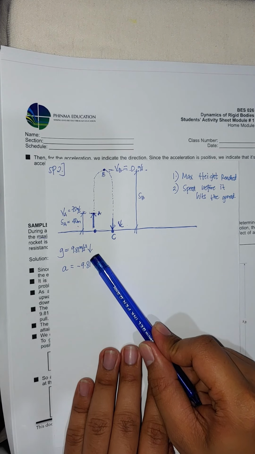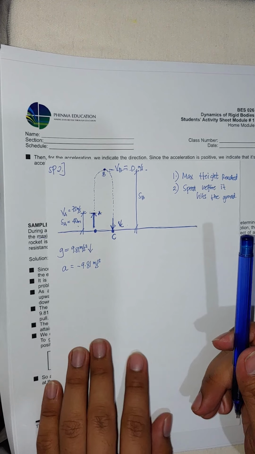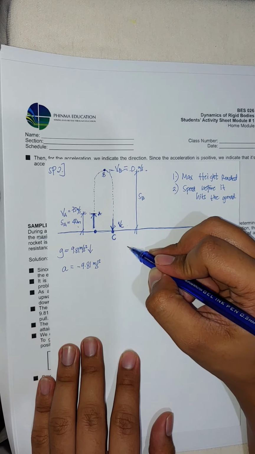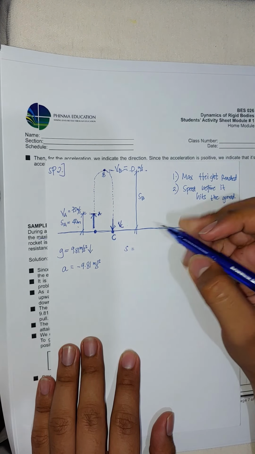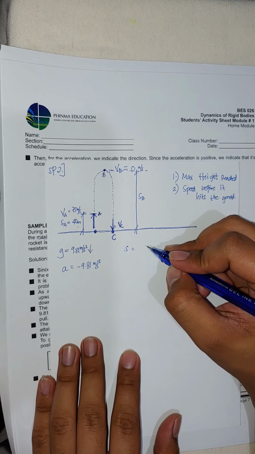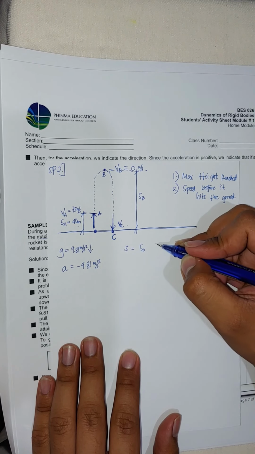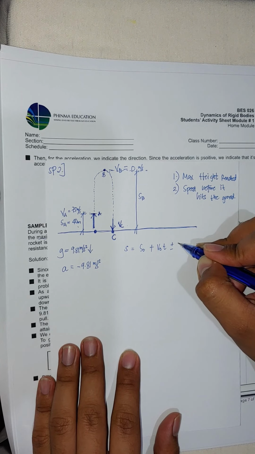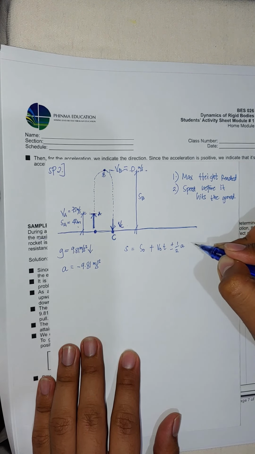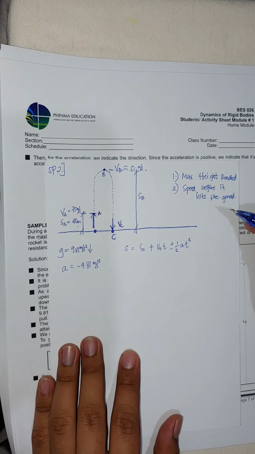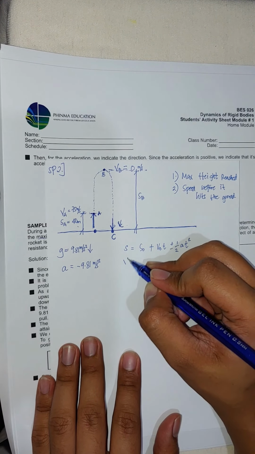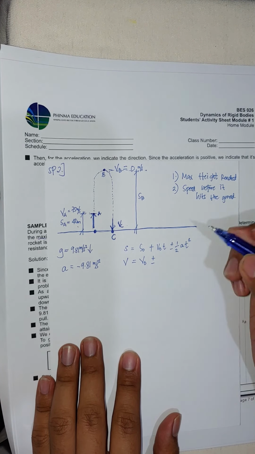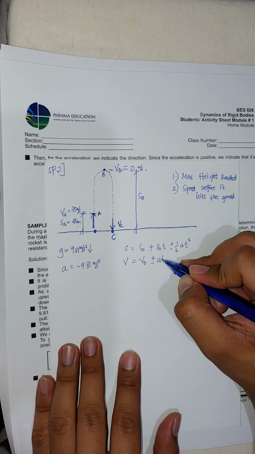So now we have the conditions, the givens of the problem. We already know that this is a constant acceleration, so we have several formulas, if you recall. The first one: the position is equal to the initial position SO plus the initial velocity times time plus or minus half of the product of acceleration times the square of the time. Our next equation: the velocity is equal to the initial velocity plus or minus the acceleration times the time.